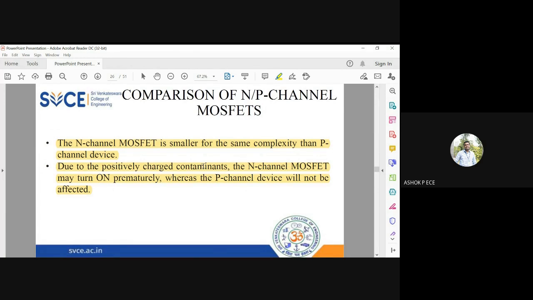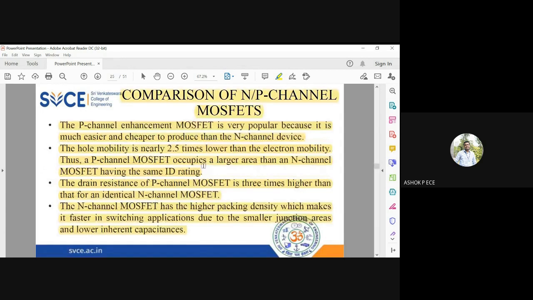So there is no question on which one is better and which one is going to be used. Definitely, both the devices have their own pros and cons, but one point which makes it favorable to N-channel MOSFET is the second point, the mobility of holes. Electron mobility is almost 4 times larger than the mobility of holes.